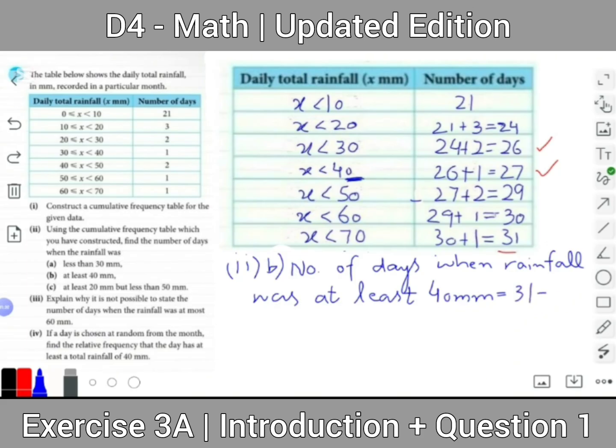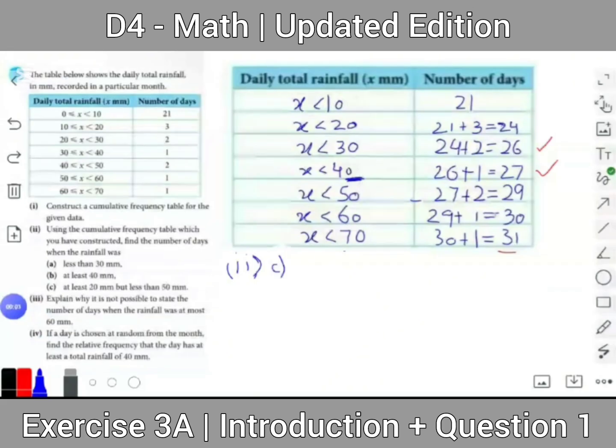So 31 take away 27 is 4. So the number of days when rainfall was at least 40 millimeter is equal to 4.